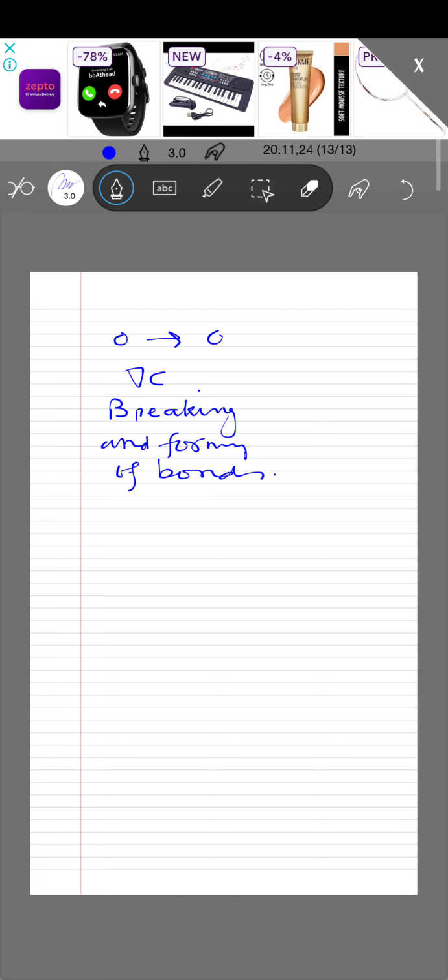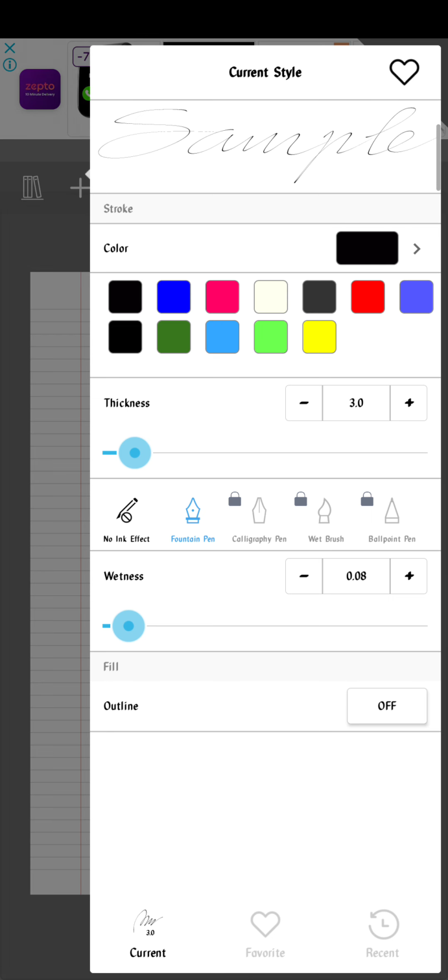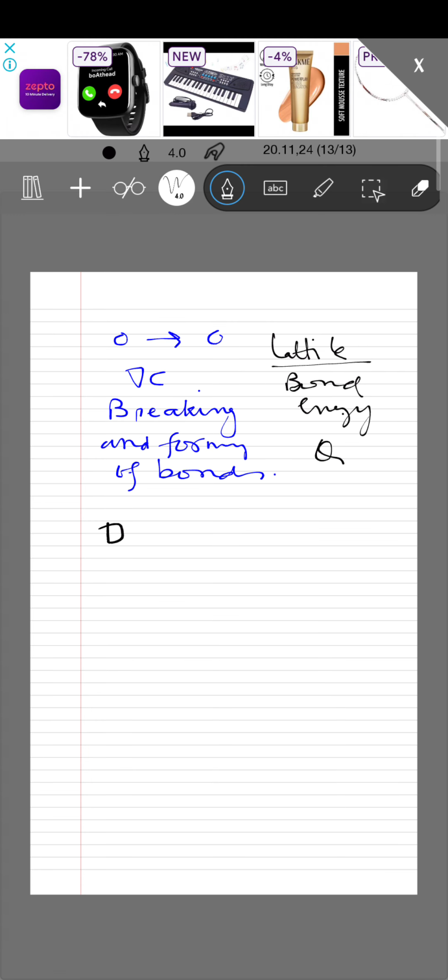Now, in a lattice, there is a particular bond energy associated with each bond. So this bond energy has to be overcome for the atoms to travel, and this is actually also called the activation energy Q. So inside the lattice, we can say that the diffusion coefficient D can be related to the activation energy by this equation: exponential minus Q by RT.